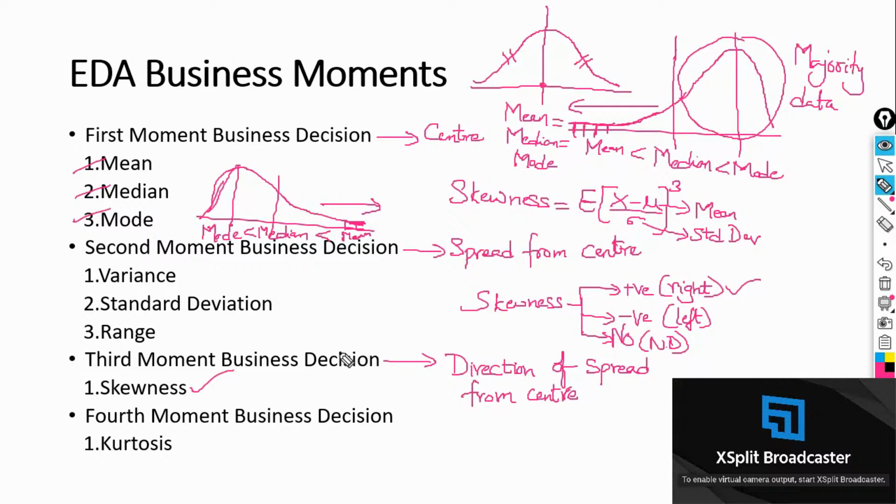Simple. You compare all these three values. If you get this relationship, for sure you'll get a positive value for your skewness, because this is positive skewed data, right skewed data. And do the same thing, check again for your data, compare the three values, the first moment measures, and if this relationship holds true, then you'll get a negative value for your skewness, which represents left skewed data.